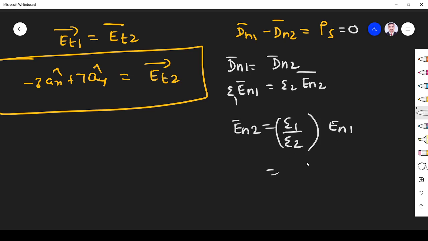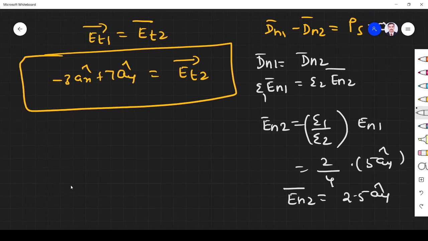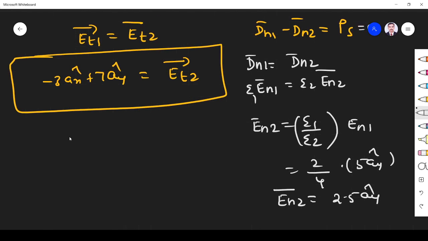Epsilon 1 we know is 2, epsilon 2 is 4, and En1 we got, the y component, 5ay. So this will indicate En2 is equal to 2.5ay. So we got En2, which is 2.5ay.